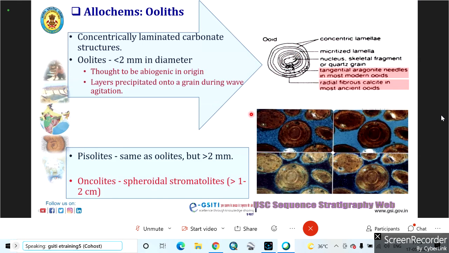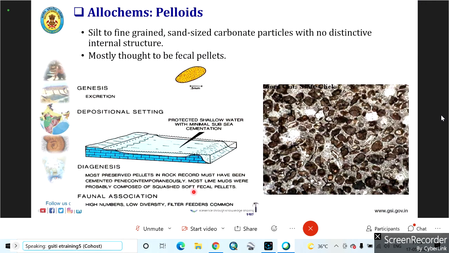Similar to this, there are some other allochems, the pisolites, which are the same as oolites but their diameter is more than 2 millimeter, and the oncolites, that is spheroidal stromatolites, whose diameter is more than 1 to 2 centimeter. Another allochem is the peloids, that is fecal pellets.